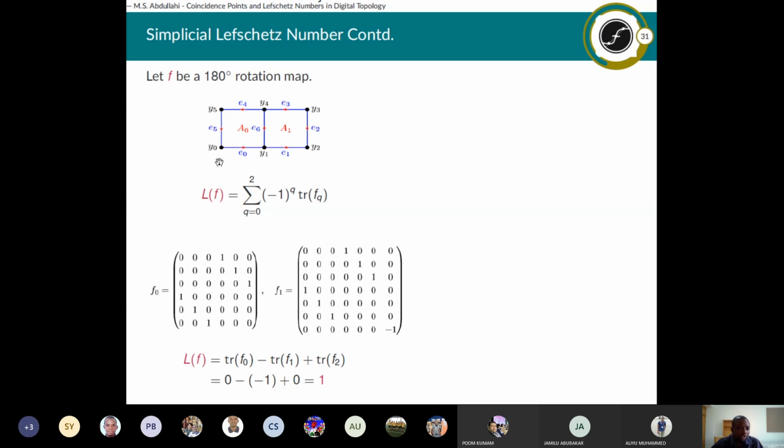For example, if I consider only this point y0 and rotate it 180 degrees, it will move to this point y3, and that is why the first line goes to y3.